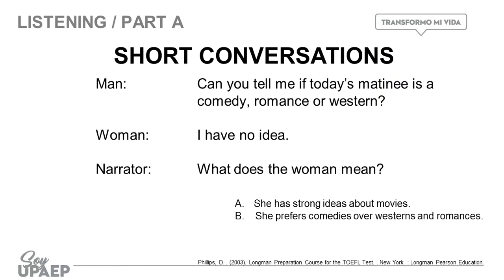B. She prefers comedies over westerns and romances. C. She doesn't like today's matinee. And D. She doesn't know. As I already said, it is important that you pay lots of attention to what the second speaker said. Take a minute in order to check the conversation and the answers, and we will answer it together.